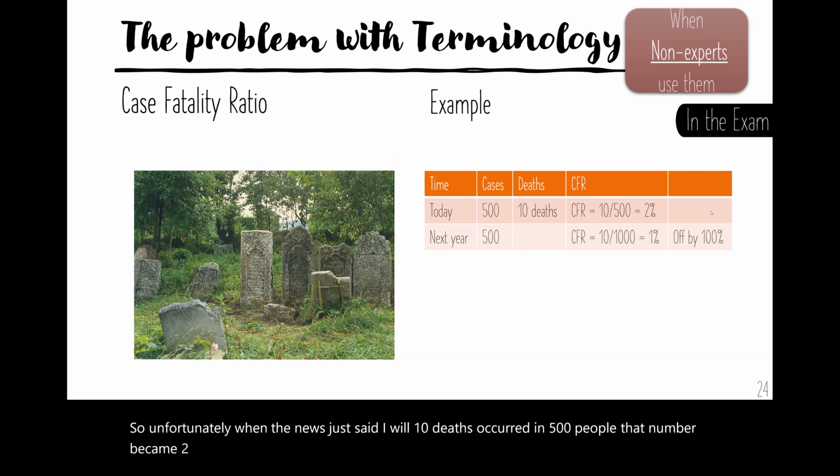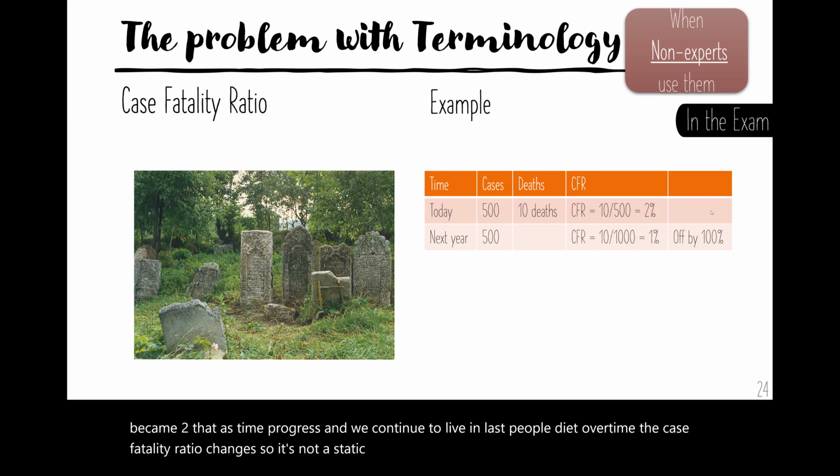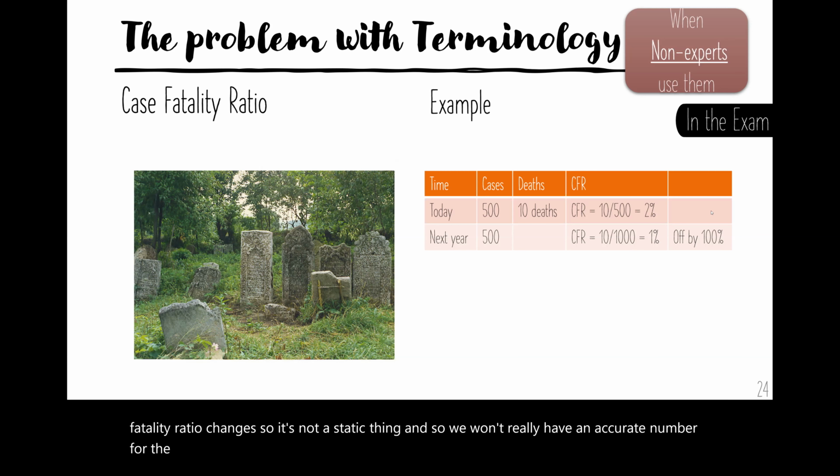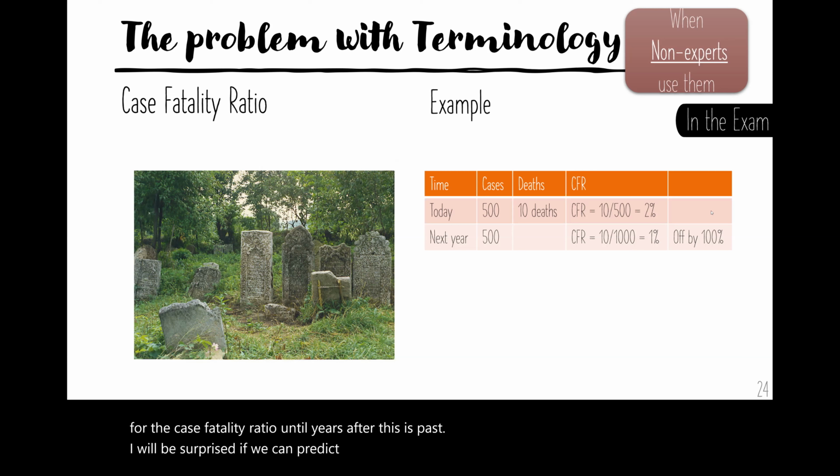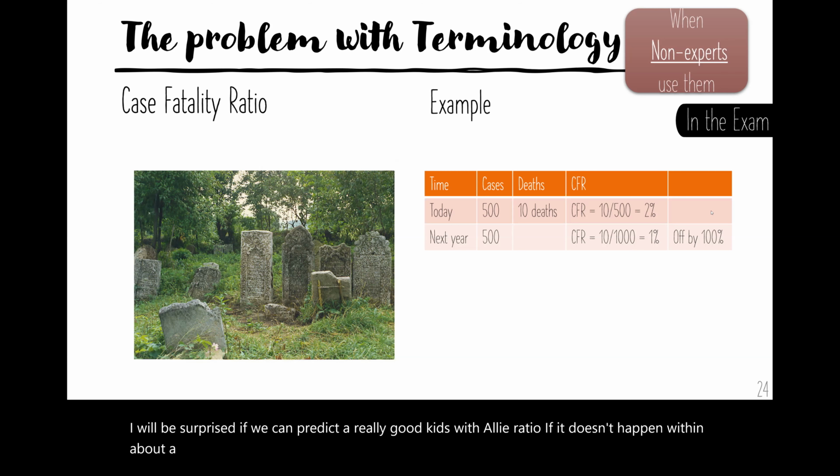But as time progressed and we continue to live and fewer people die over time, the case fatality ratio changes. So it's not a static thing. We won't really have an accurate number for the case fatality ratio until years after this has passed. I will be surprised if we can predict a really good case fatality ratio within about a year to two at least.